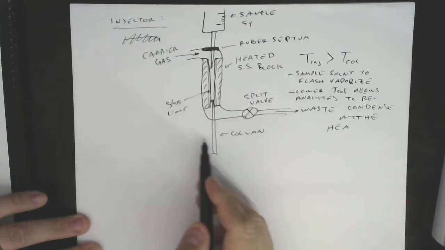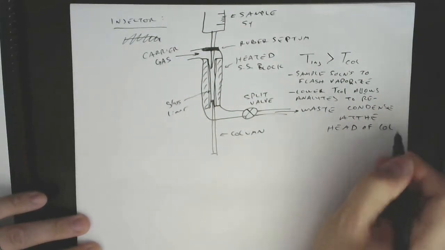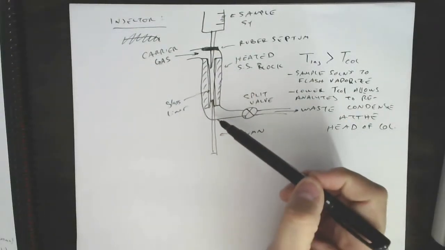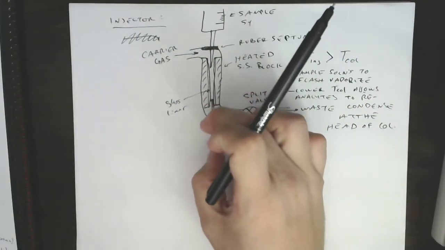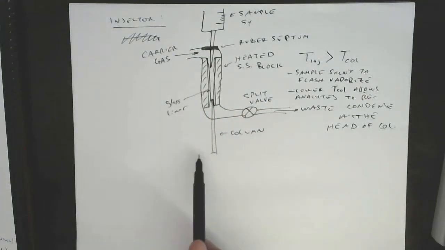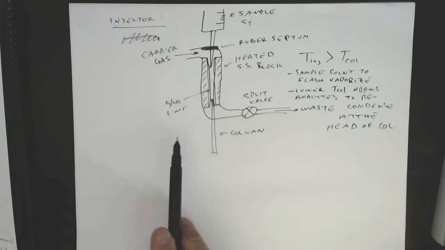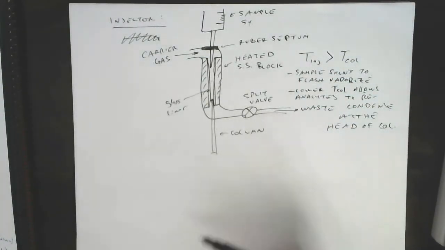Head of the column meaning the early part of the column. And so you get all of that sample onto the column, but because the column temperature is cooler, everything gets condensed onto the column, and you start doing your extraction or your condensation chromatography pretty quickly, right? You're not sending vapor all the way into the column before it's starting to adsorb to the stationary phase.